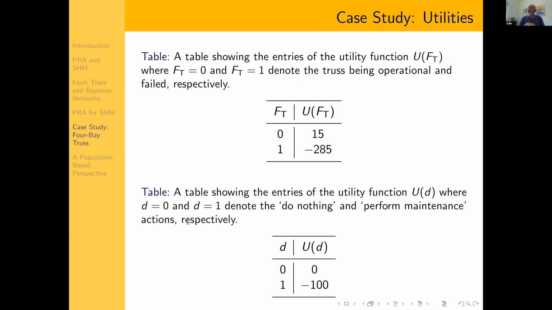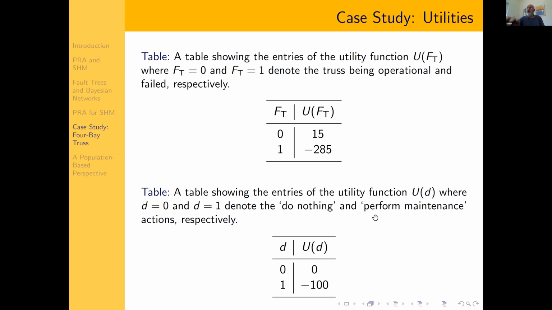We need utilities now because we're going to build these influence diagrams. And we're going to say that the cost of no failure is a positive utility. It's not a cost, it's a benefit. But if we get failure, we've got a very large negative utility.